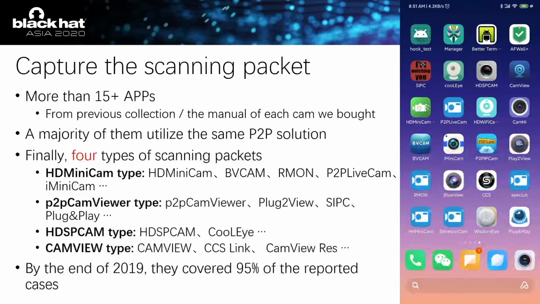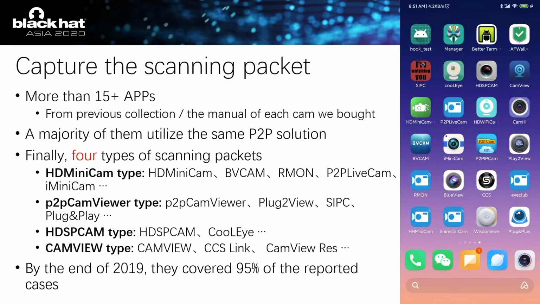First, we need to capture and analyze the packets from all the different apps. These apps are from our previous collection. There are more than 15 kinds of apps, all of which are used frequently.